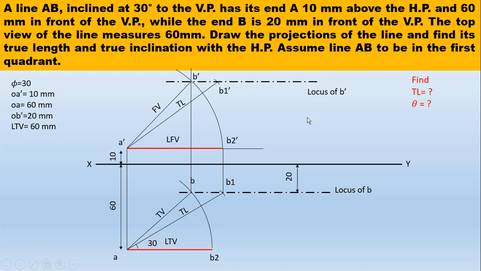So our objective is to find out the true length. We already found the true length. Now theta, true inclination with respect to HP, is nothing but the true length in front view making an angle with HP. So this is nothing but theta. I hope you can measure this angle and true length. Try to solve it by yourself and comment the answer. Thank you.